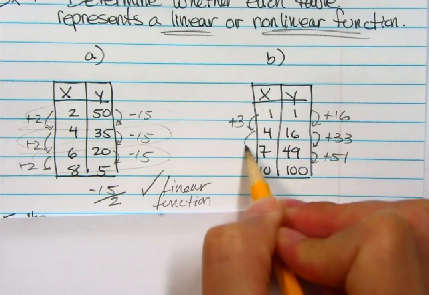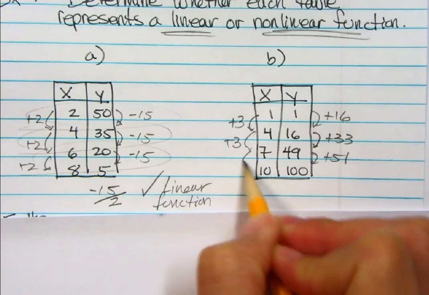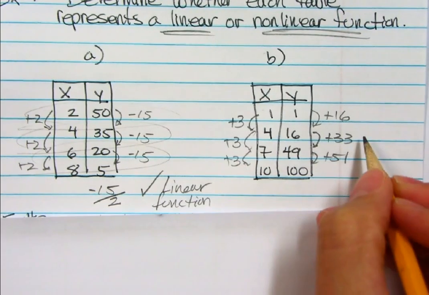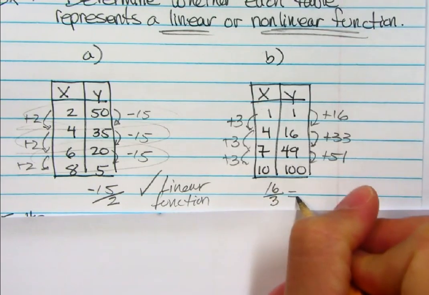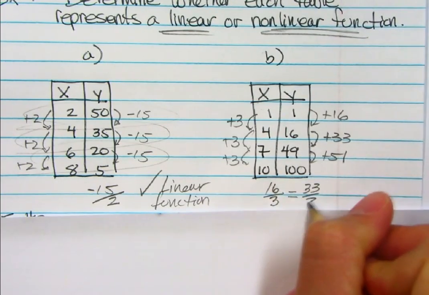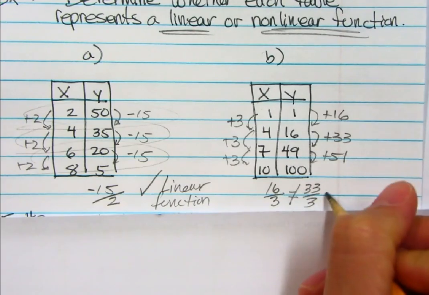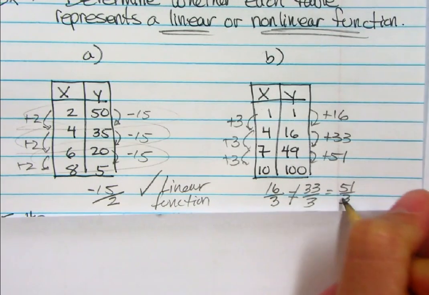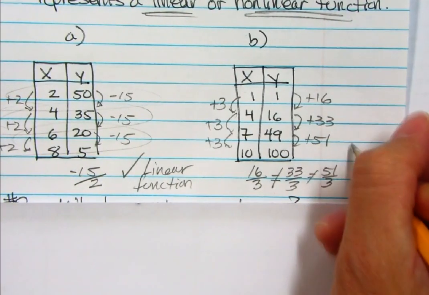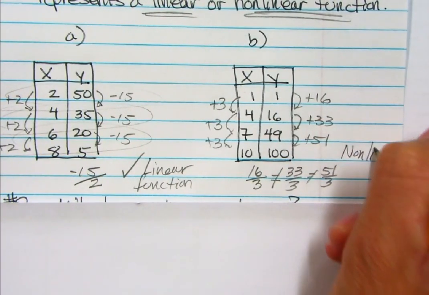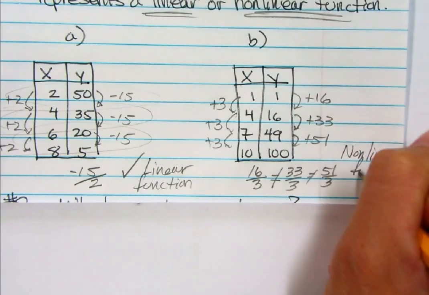This went up by 3, this went up by 3, and this went up by 3. So the first time it was 16 over 3. The next time was 33 over 3, and these aren't the same. The next one was 51 over 3, also not the same. They're not equivalent fractions. So we would consider this a nonlinear function.